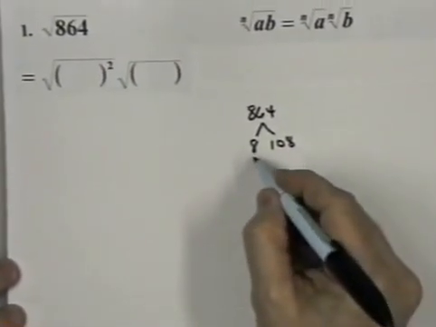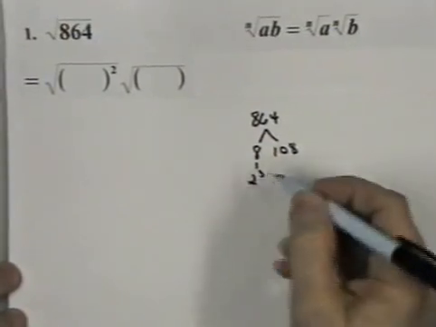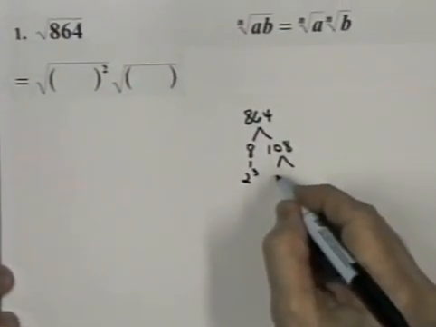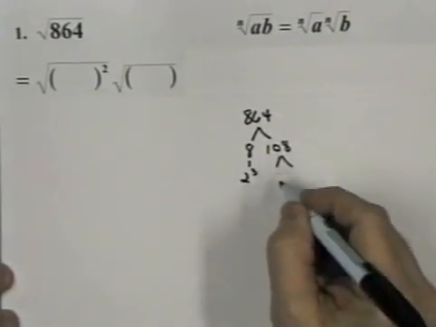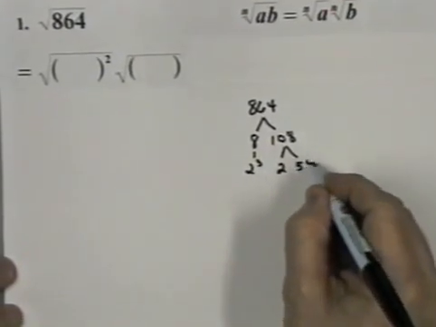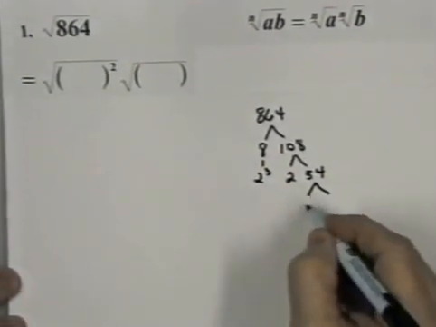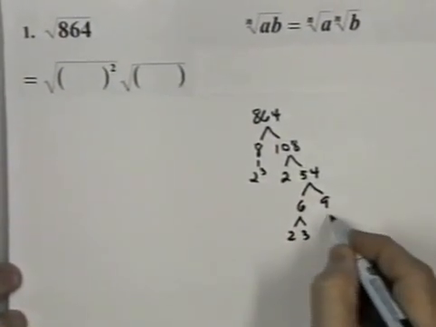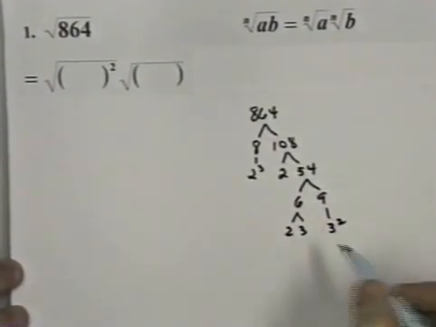And of course 8 is 2 cubed, so that one is in prime factors. 108 can be written as 2 and 54, and 54 is 6 and 9. 6 is 2 and 3, and 9 is 3 squared.